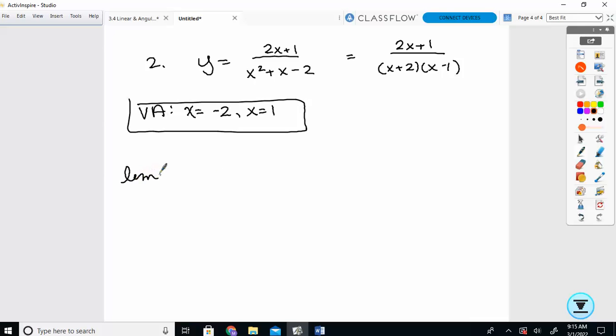What do you have to do for the horizontal? As x approaches positive and negative infinity. I'm just going to go off the original. If you just plug in infinity right now, you get infinity divided by infinity. Is that helpful? No. So what is our trick? So what did you guys multiply by? That's great.